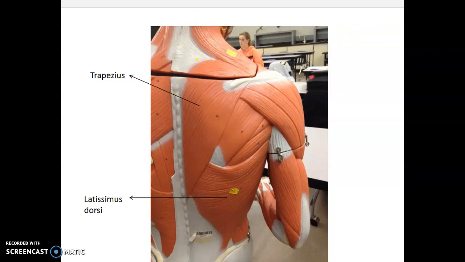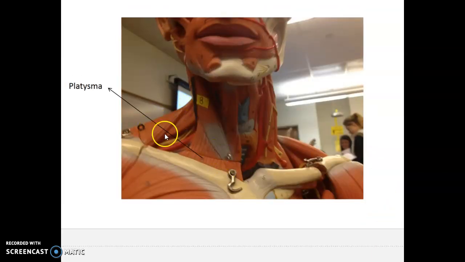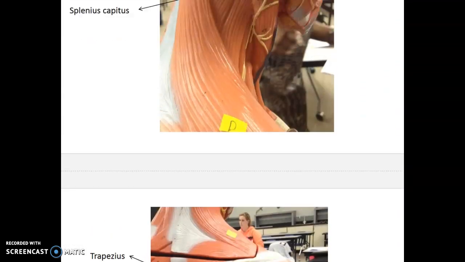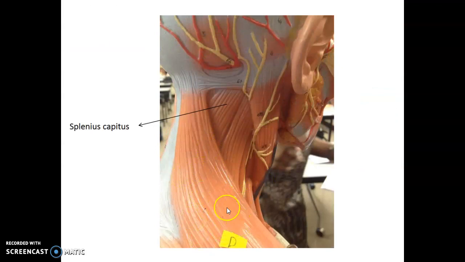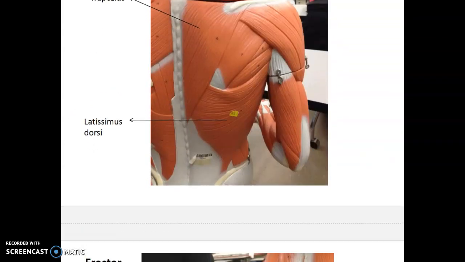So even from the front side, we can see the trapezius right through here, but we see more of it running down the back. The latissimus dorsi, though, is the largest back muscle, and it actually runs from your back all the way to your axillary or armpit region and down to that os coxae hip bone region.